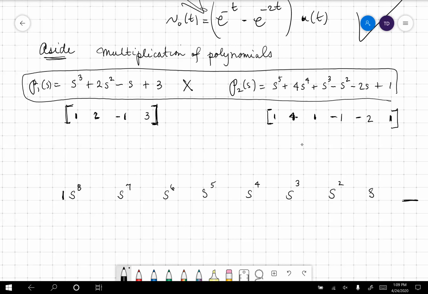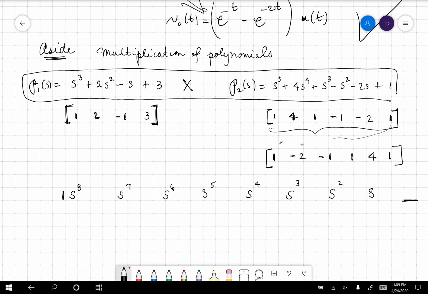Watch how this works. I'm going to take this right here and flip it. When I flip it, I get 1, minus 2, minus 1, 1, 4, 1. Everybody see that flip? So this one here is that one over there.